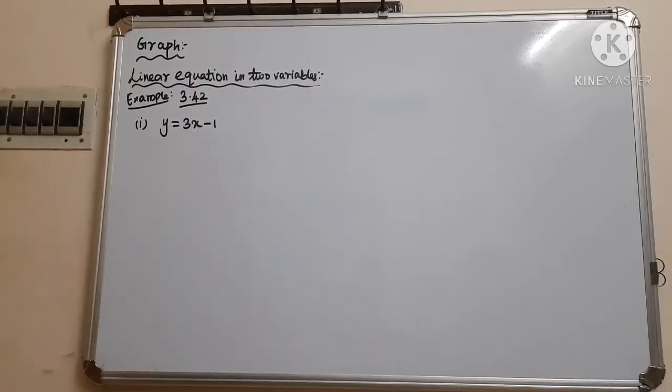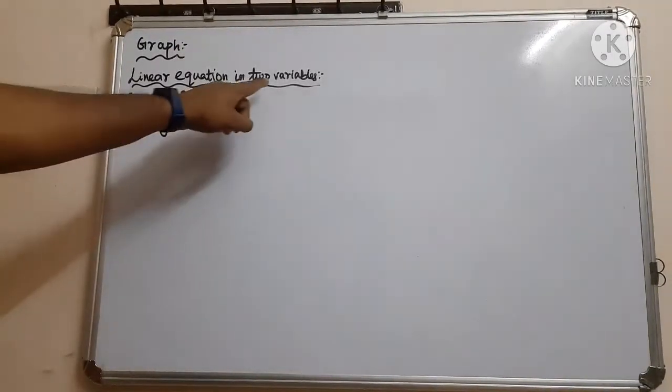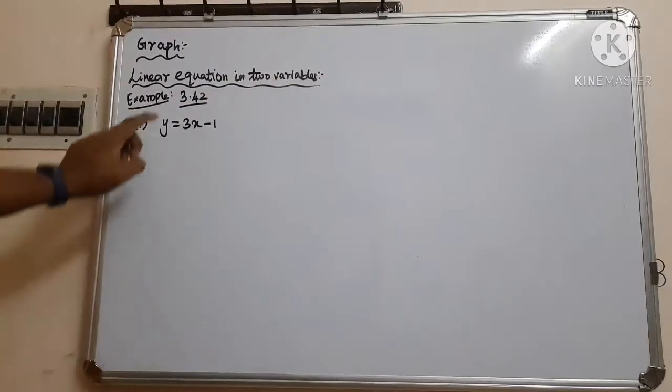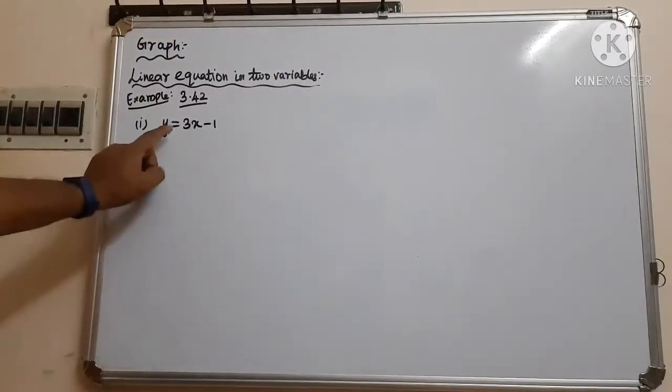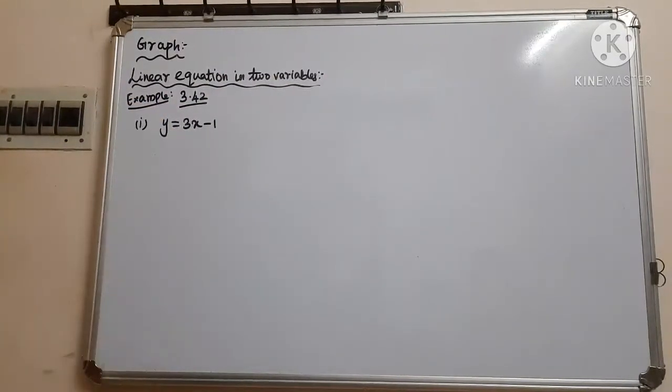Here first we are going to see linear equation in two variables. Example 3.42, first question, y is equal to 3x minus 1. We have to draw a graph for the given equation y is equal to 3x minus 1.